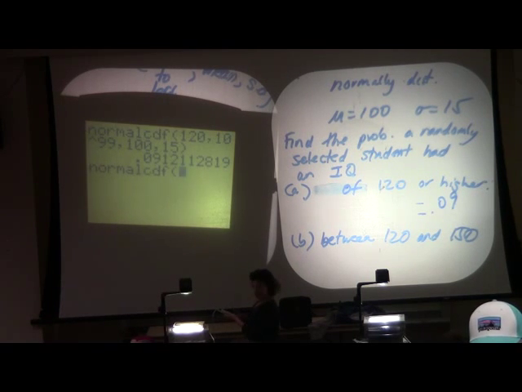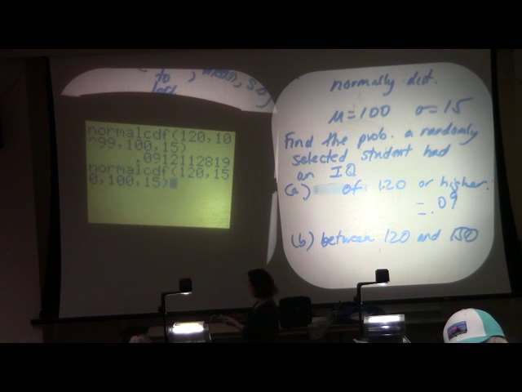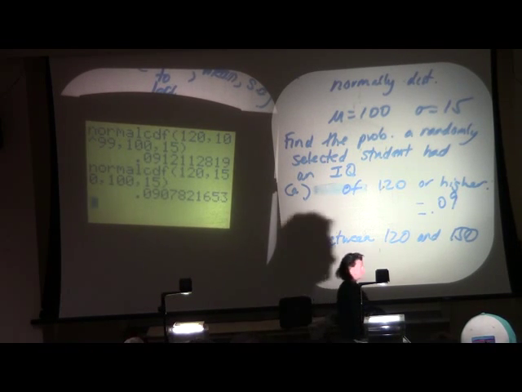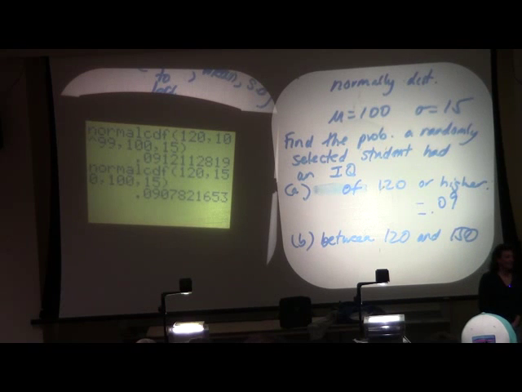What's our lower? 120. What's our upper? 150. My mean is the same. My standard deviation is the same. And so is my probability symbol. You guys okay?